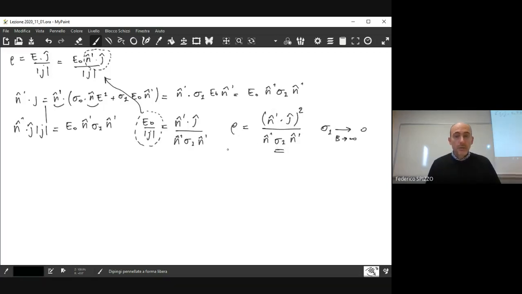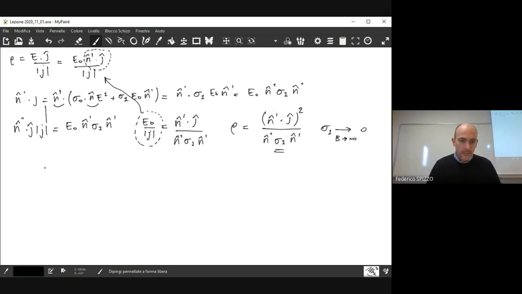So this is a sort of indication of the fact that again, the resistivity of a sample may change its value depending on the application of the magnetic field. And in this case, the value is expected to grow as the field is increased.